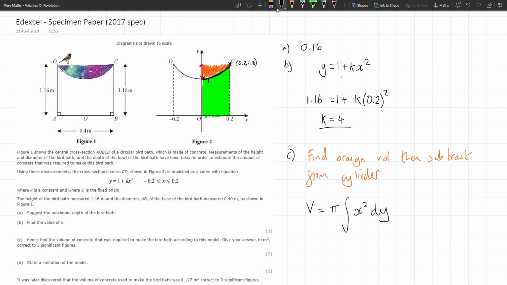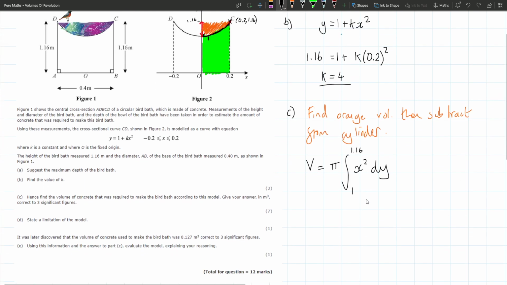So x squared dy between 1 and 1.16, because this bit here is 1 and this bit here is 1.16, so these are the limits. x squared, we can see from here, is actually equal to just y minus 1 over k. So we can just use that. So pi, the integral between 1 and 1.16 of y minus 1 over k dy. Can even factor out a k here.